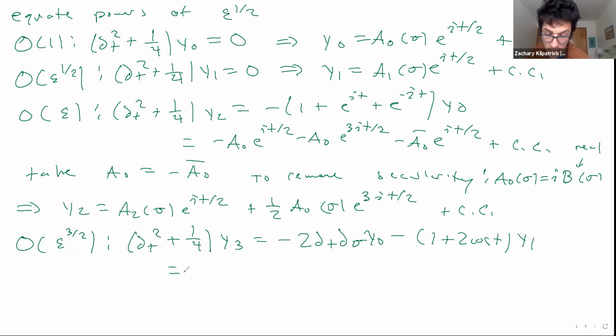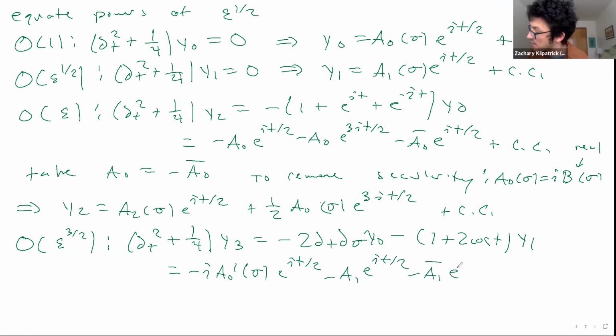And I can write this all out as minus i a0 prime sigma e to the it over 2 minus a1 e to the it over 2 minus a1 bar e to the it over 2 minus a1 e to the 3it over 2 plus complex conjugate parts.